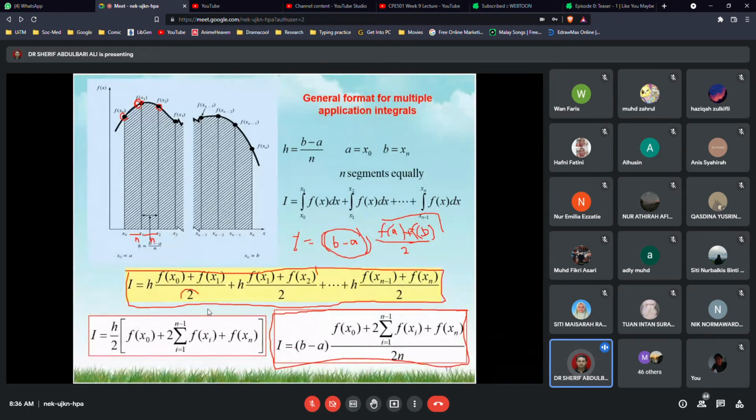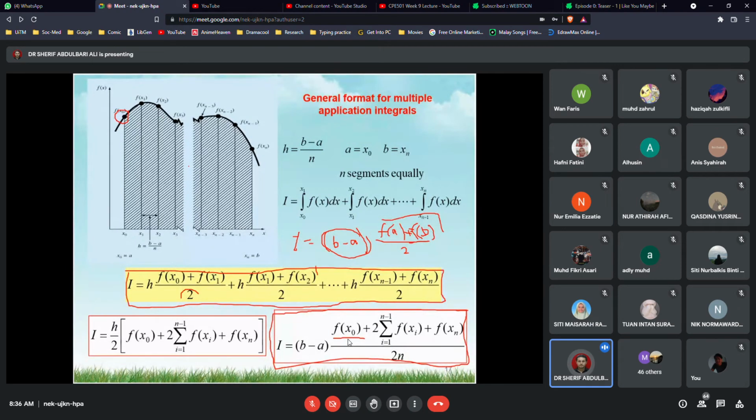The integral will be equal to b minus a, the function of 0, so this means the first point here, plus 2 times the summation of all the functions in the middle.